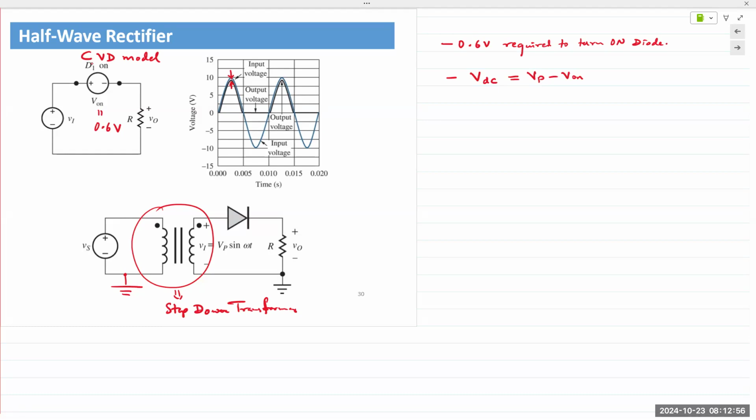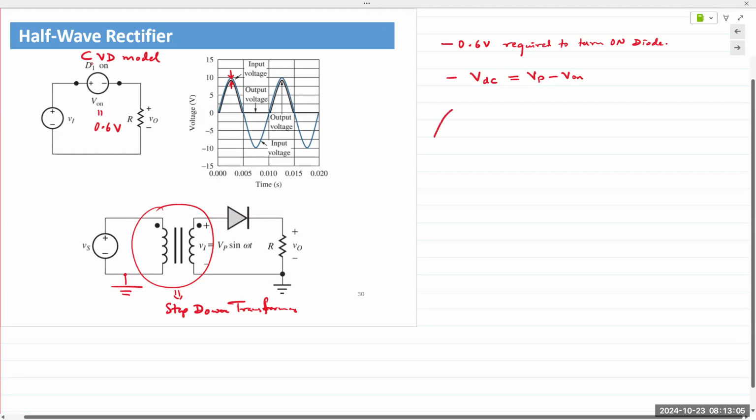Now at this point, let's cover a little bit of the basics of sine waves, taking you back to 211 and 212. Time on the x-axis.